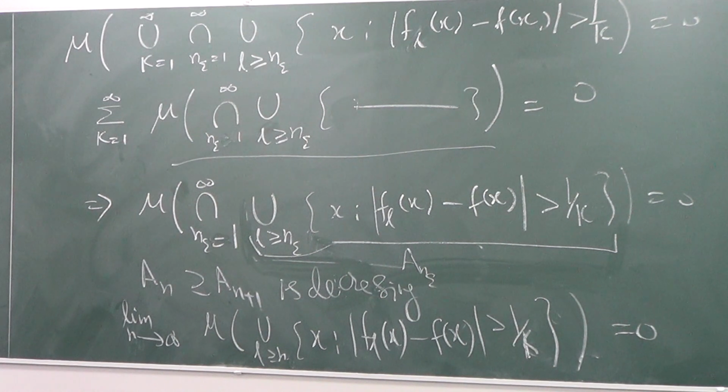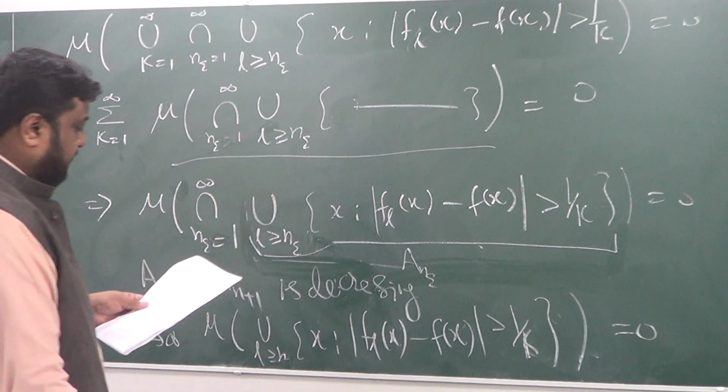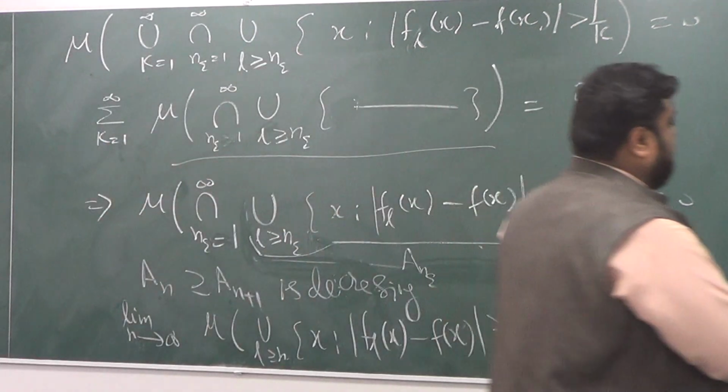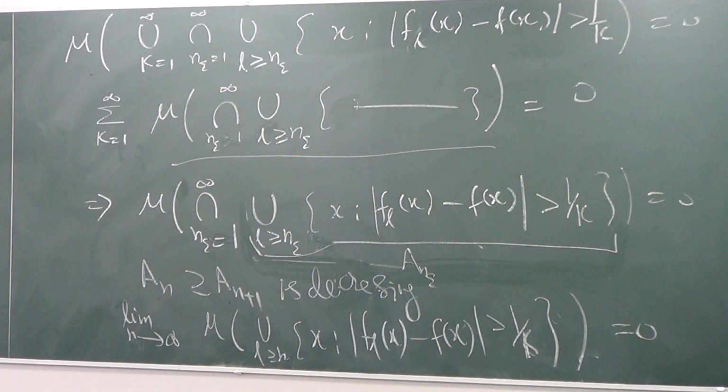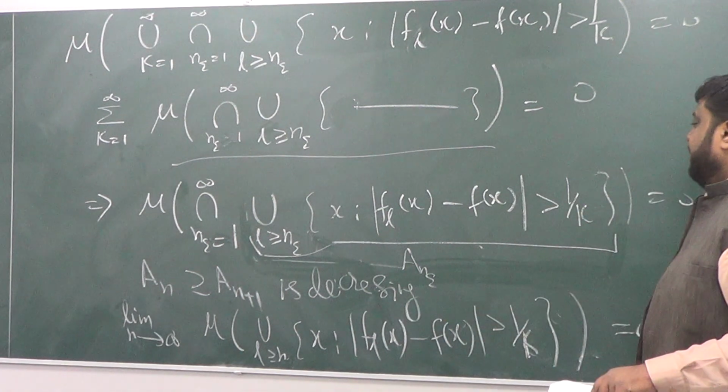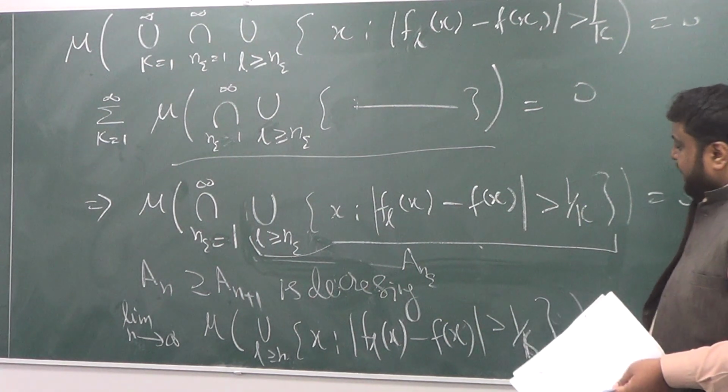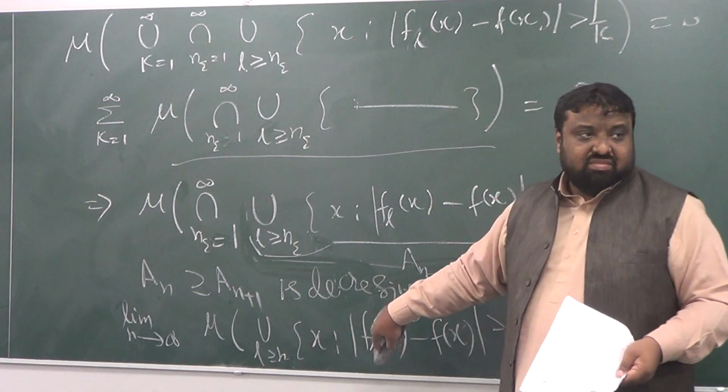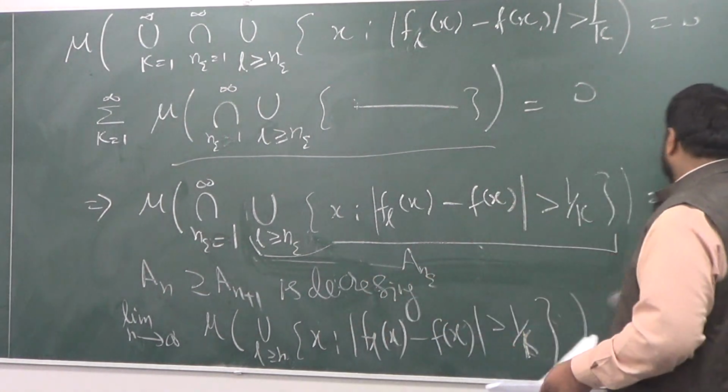Now once we have this, what does it mean? This is the kind of convergence we want. In other words, for any given epsilon, I can make it smaller than that epsilon.